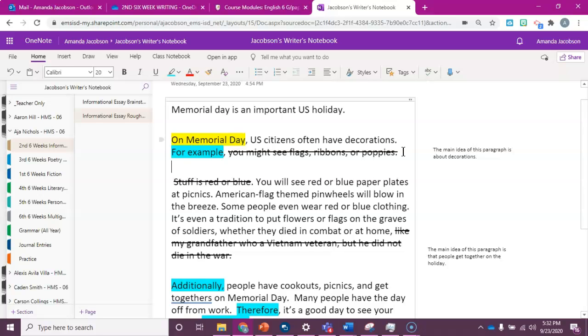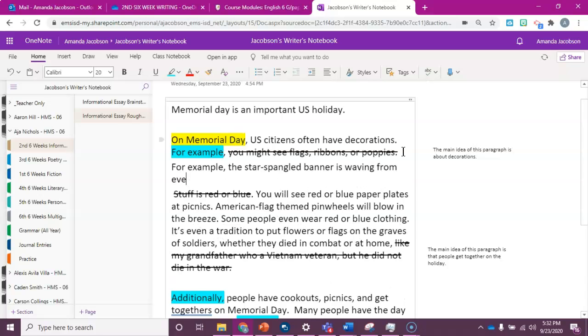So I can say, for example, the Star-Spangled Banner is waving from every yard and rippling on banners hanging from rooftops.